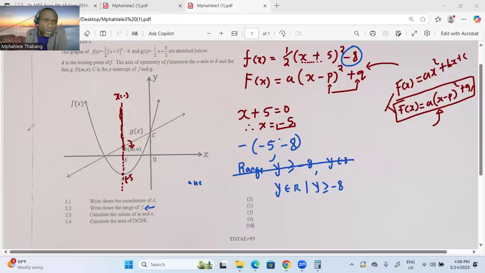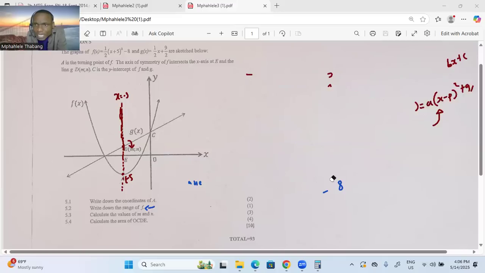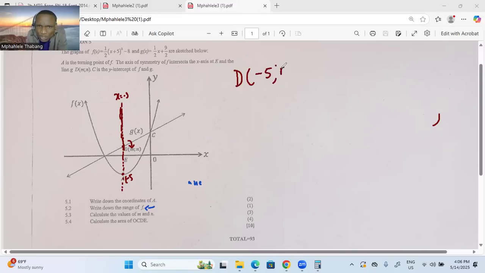Now, if you pay attention to details, we see that for the coordinates of D, x we said is -5. We don't know the y coordinate, which is n, but we know that D is found on the straight line g(x).